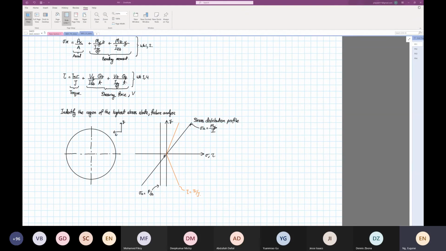This is the one that is causing a lot of problem. By the way, I'll tell you why. The shear force inducing the shear stress will look like this.